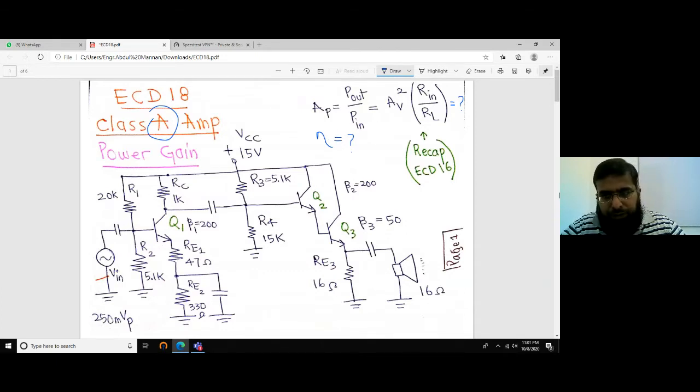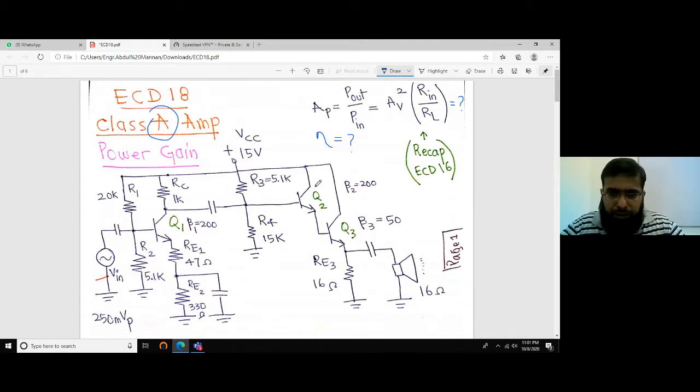This is a cascaded, a multi-stage amplifier. This is the first stage composed of transistor Q1 working as a common emitter amplifier, with part of RE bypassed by a bypass capacitor and part of it not. And this stage is feeding another stage.